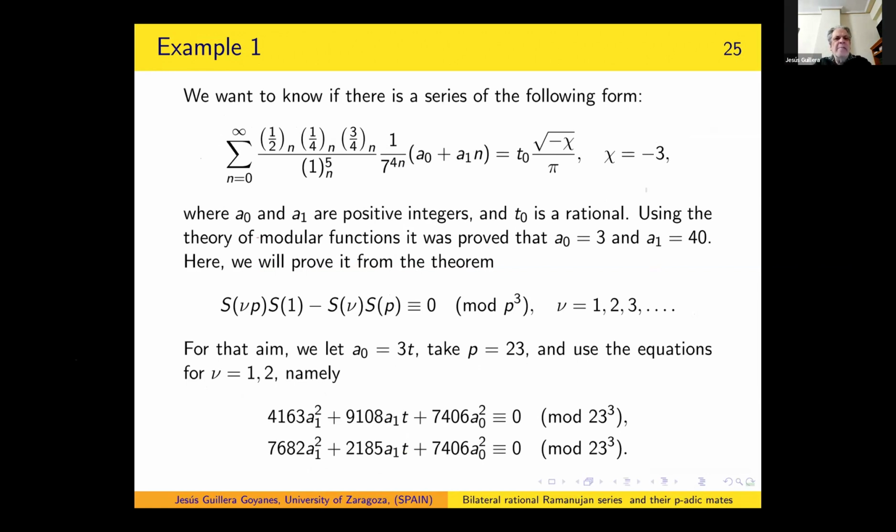And for that aim, we let, as we know the solution, but we want to prove it using the p-adic identity, a sub 0 equal 3t and take a prime, for example, 23, and we get a system.